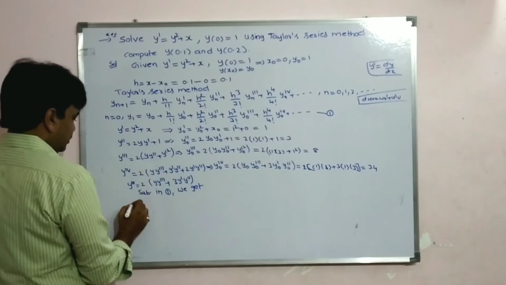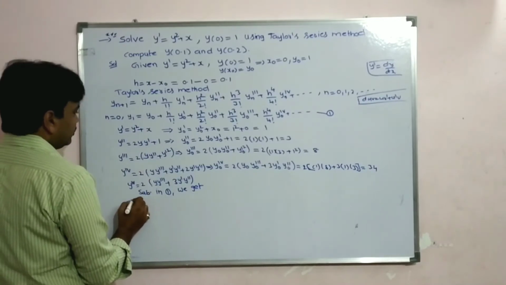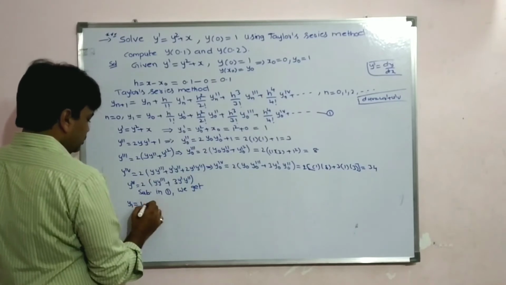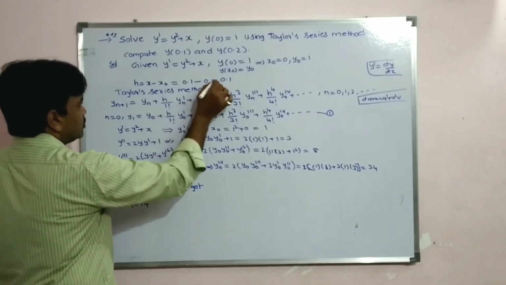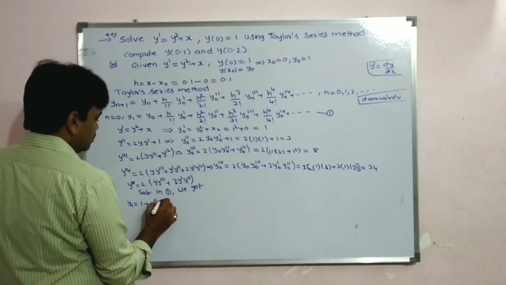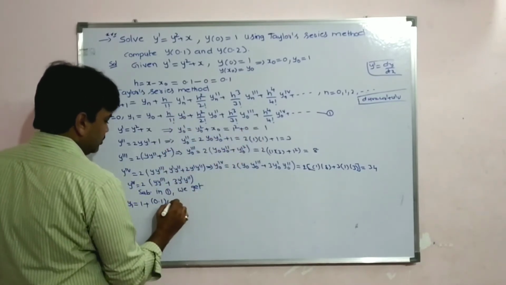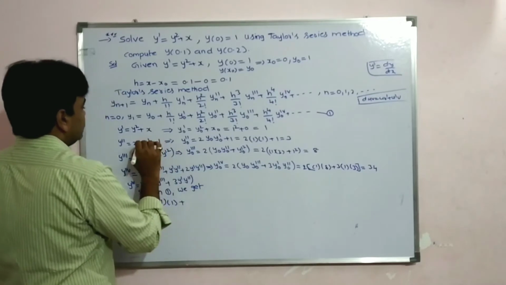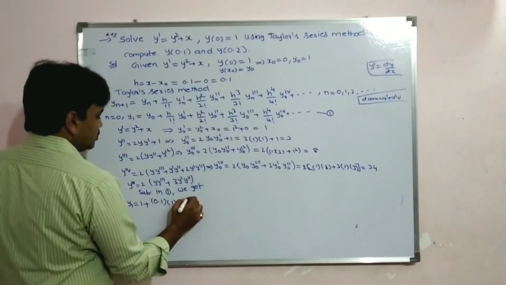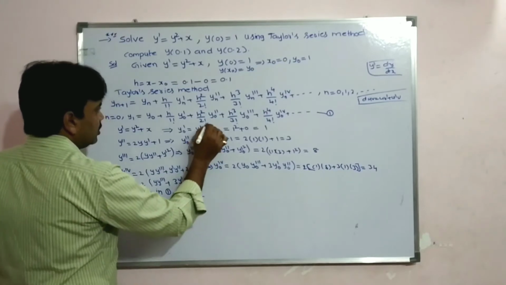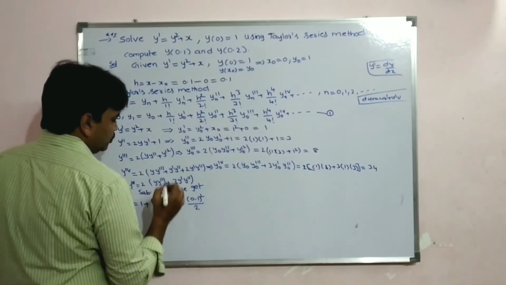Students, y1 that is equal to y naught value 1 plus h value, students, 0.1 y naught dash 1 plus h square, students. So 0.1 square by 2 factorial. 2 factorial means 2.